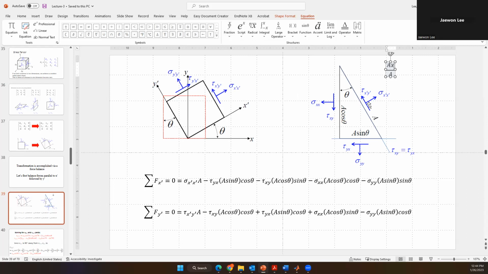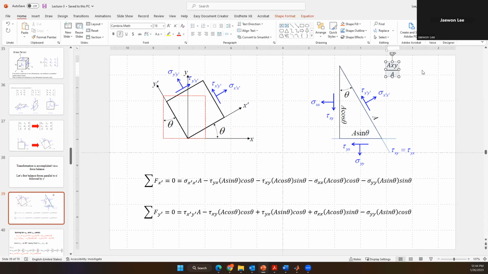I just define the xy plane as equal to sine theta, right?